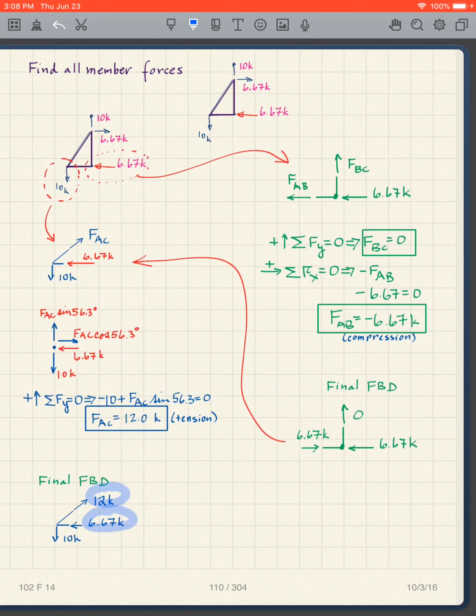I have 6.67 kips. That comes from this one, and this shows compression, which is correct.